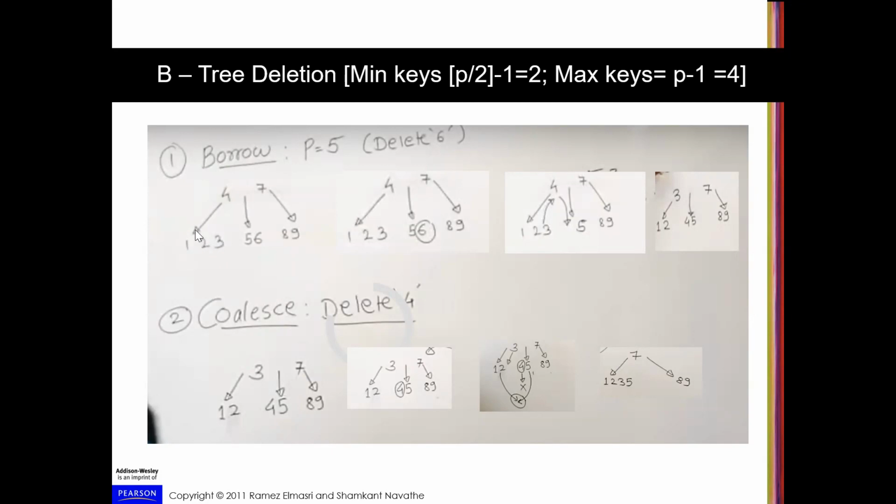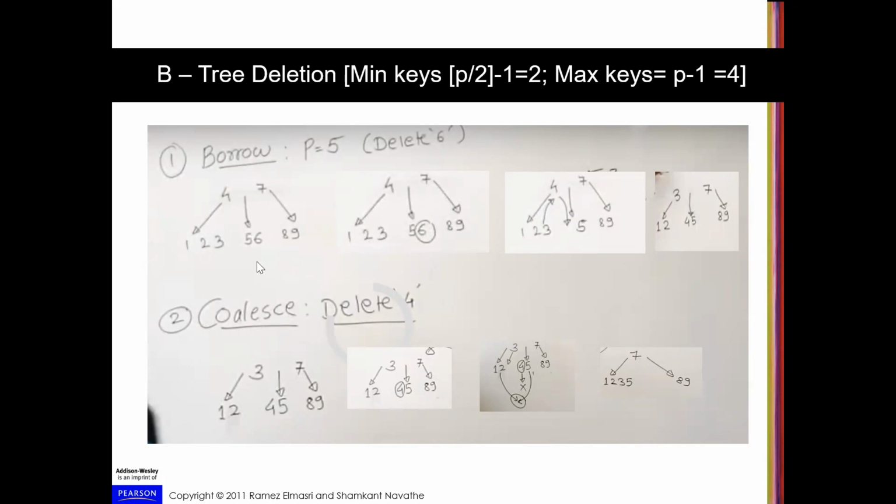So I can delete 1 without any problem. But the problem comes when I have the exact minimum number of values. For example, here in this node, if I try to delete 8, this node can underflow, and then I have to use the borrow method to adjust it, or I have to use the coalesce method. We'll see how and when to use borrow, and how and when to use coalesce.